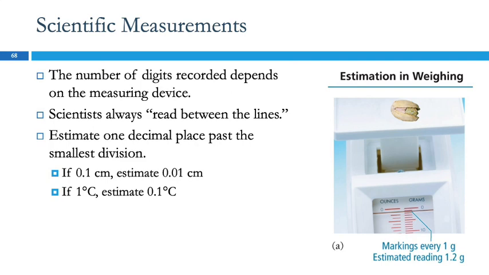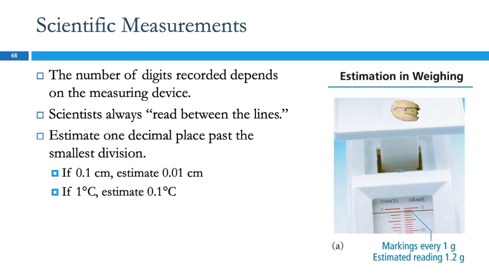So what we're going to do is we are going to estimate 1 decimal place past the smallest division. So here on this little scale, every division was 1 gram. The lines represented 1 gram. So the next decimal place is tenths. If we're looking at a ruler that has 0.1 centimeter lines, what's the next decimal place?